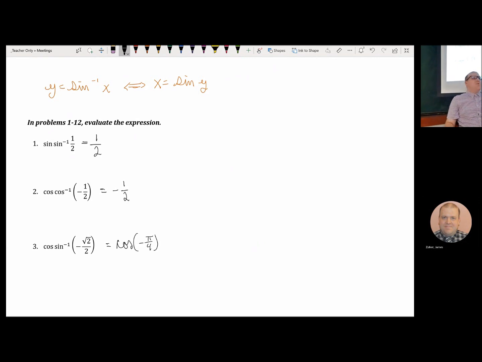So the inverse sine of negative root 2 over 2 is minus pi over 4. Another way you can do it is just look in the first quadrant and say, where's sine root 2 over 2? Pi over 4. What angle is that a reference for in quadrant 4? Minus pi over 4. So I said you really need to memorize the first quadrant. Now, what is the cosine of negative pi over 4?